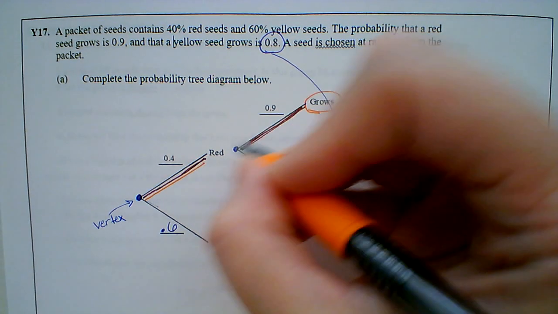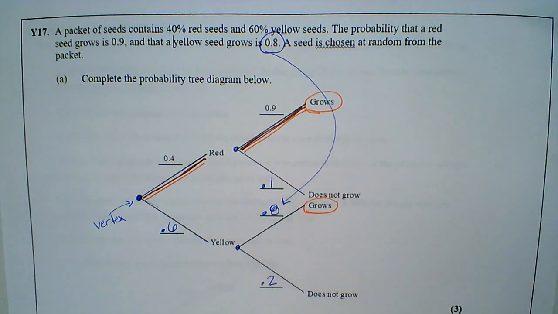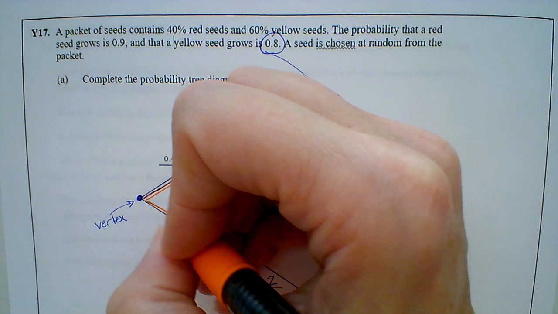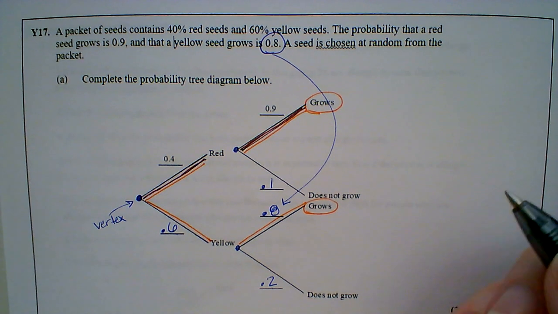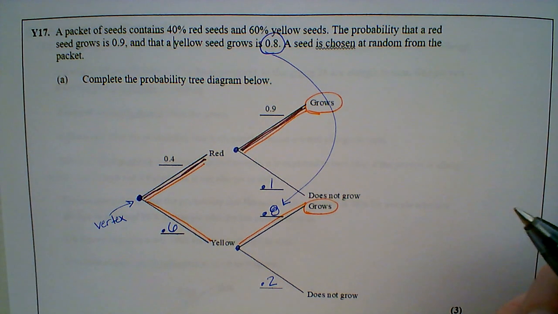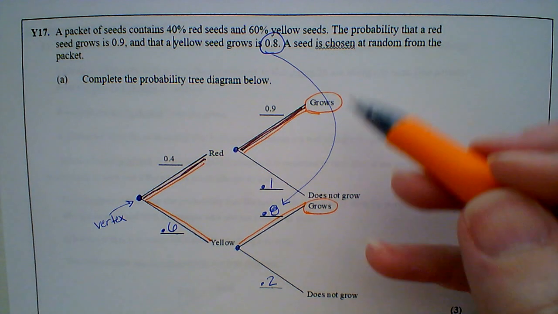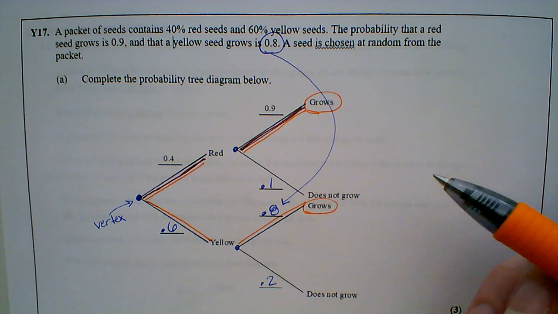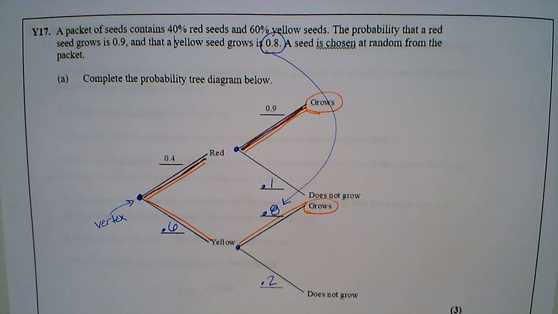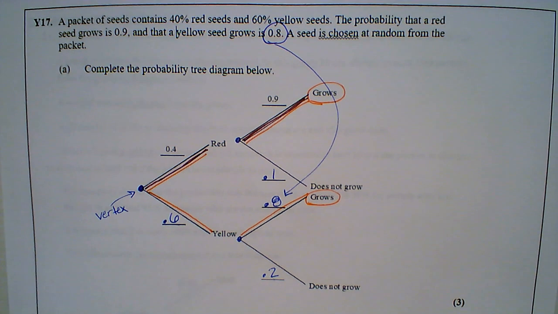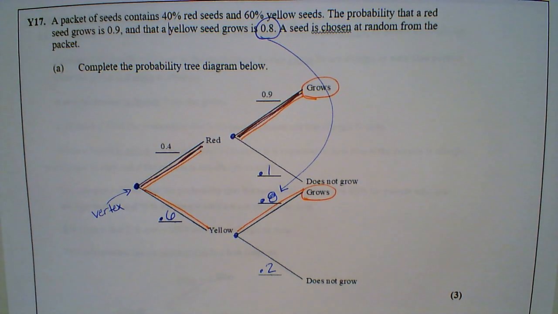I could be red and grows, or I could be yellow and grows. When you look at a tree diagram and you see multiple options, this means there are different combinations, different paths that are going to lead you to the same end result. All we want is the seed to grow.